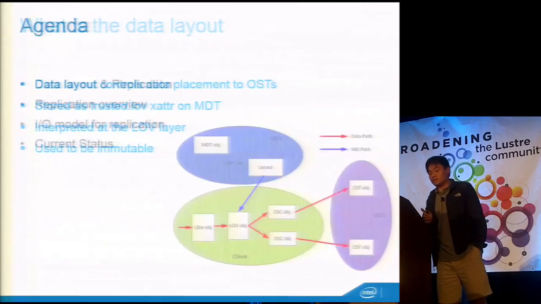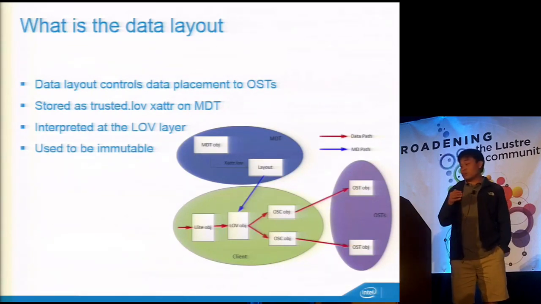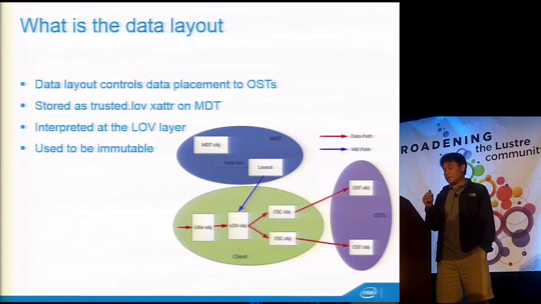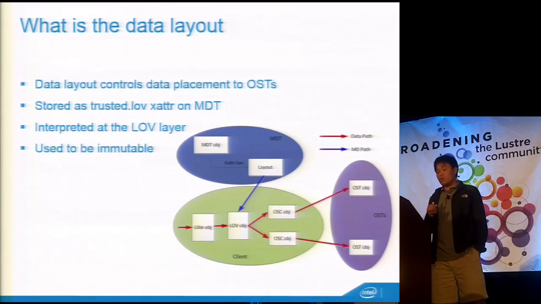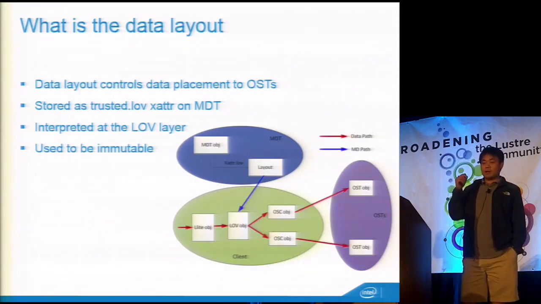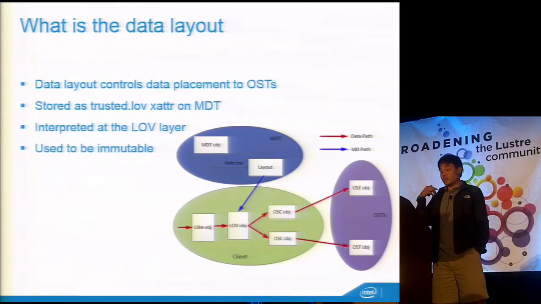Okay, first of all, what is data layout? In case some of you don't understand what data layout is, data layout essentially controls the data placement on OSTs. So it is stored along with MDT objects as an extended attribute, which will be interpreted at the LOV layer to control the data path.